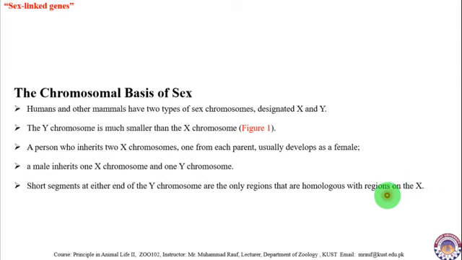So although these two chromosomes are different from each other, and their gene complement is different from each other, there are certain regions on the X chromosome and Y chromosome which are homologous to each other, and these are the only points where the crossing over will take place between them during prophase 1 of meiosis.